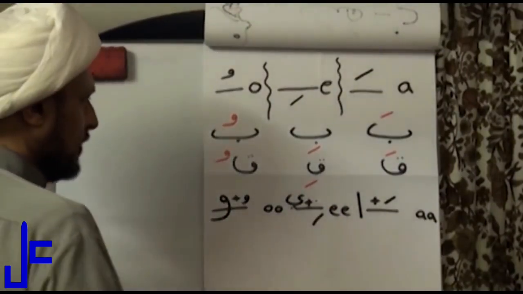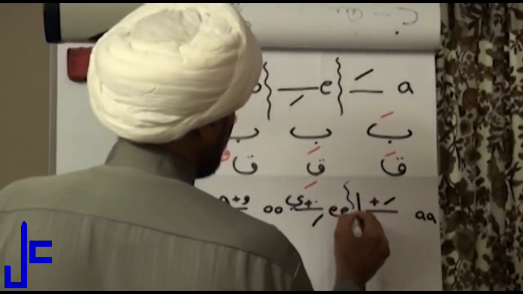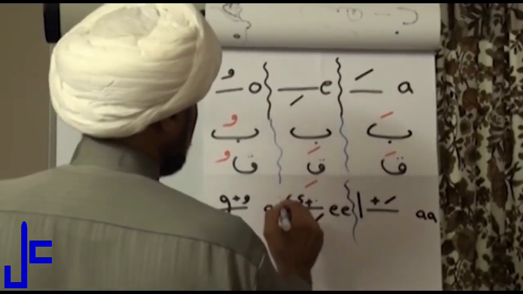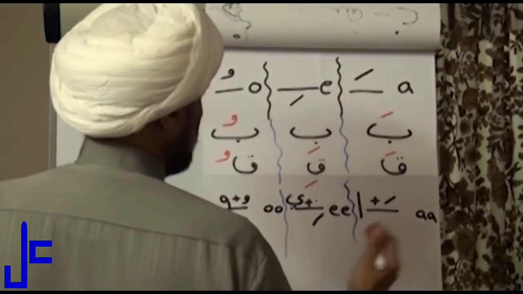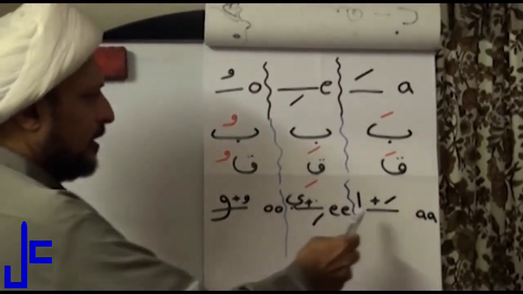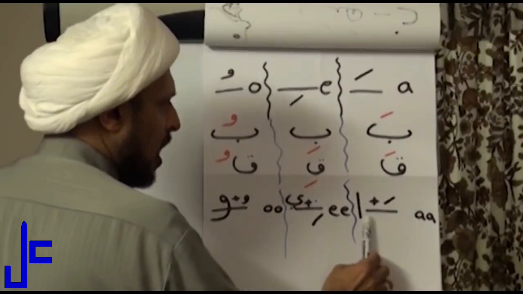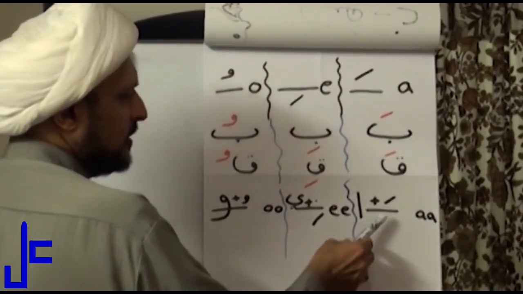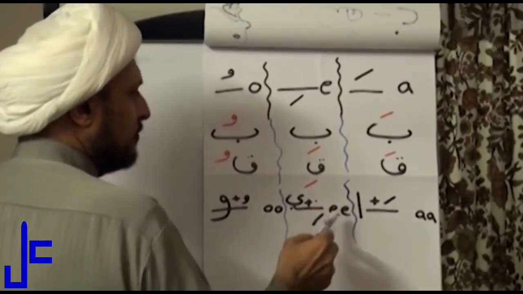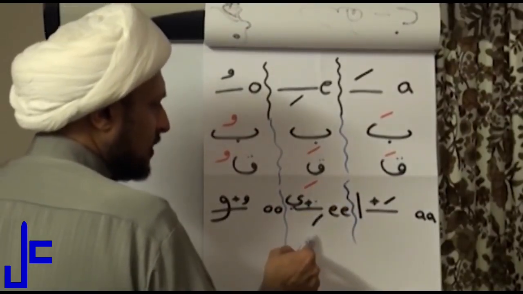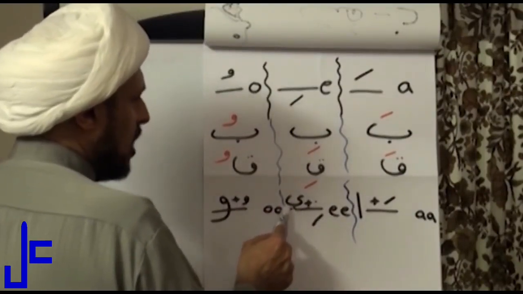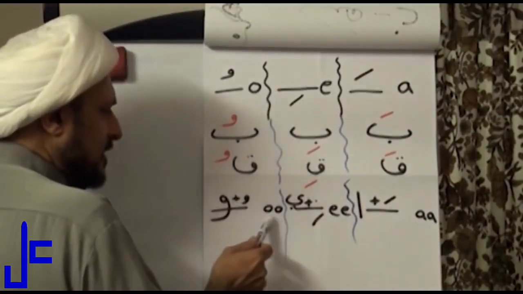So here again, let me draw a barrier so that you don't get mixed up with these three things, because my charts are a little bit short. Look at it again. Fatha plus alif, aa. That means the letter has a fatha, and immediately after it there's an alif. The letter has kasra, an e sound, and immediately after it is ya, ee.